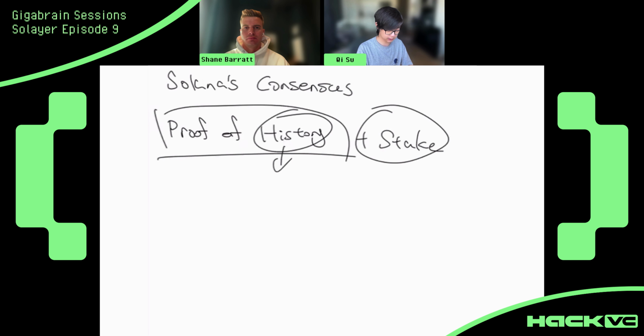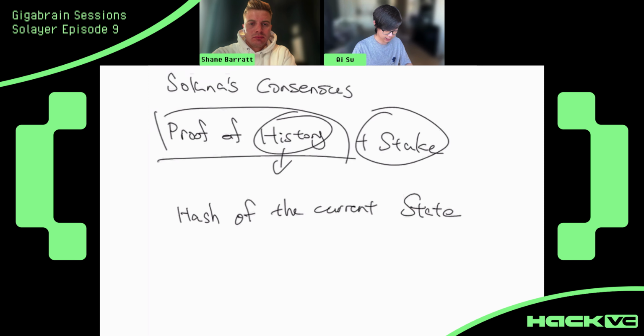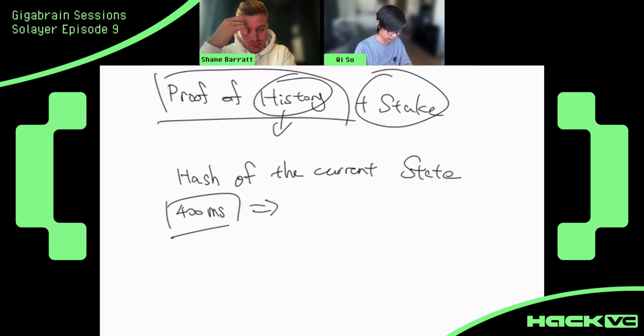Proof of history is basically you're constantly doing mathematics to compute the hash of the current state. In Solana, the slot time is around 400 milliseconds. So let's say you have to do, say, 100K, which is just an arbitrary number of hashes.